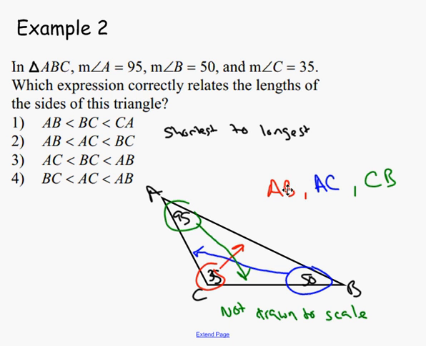So this is the correct order: AB, AC, CB. So we could say AB is less than AC and AC is less than CB. So I know the answer cannot be choice 3 and it cannot be choice 4. It's between choice 1 and 2. And the answer is choice 2.